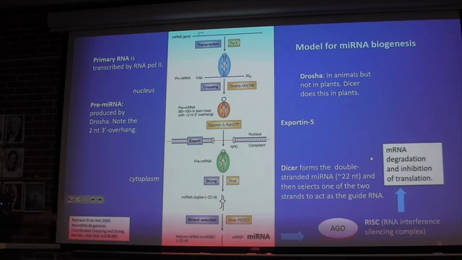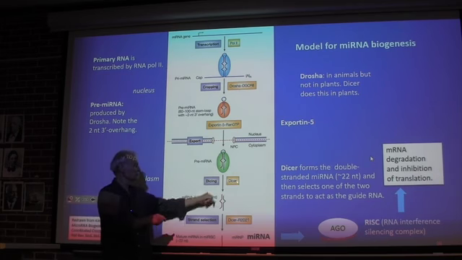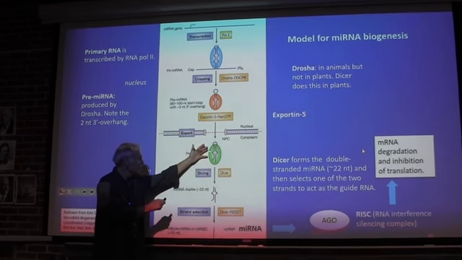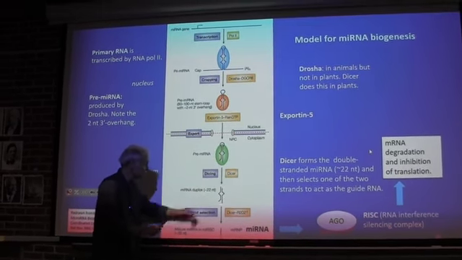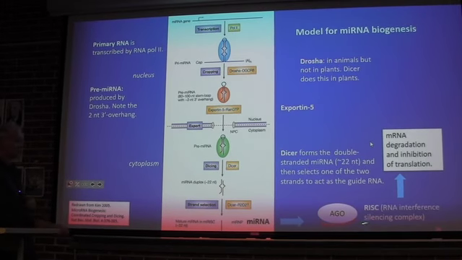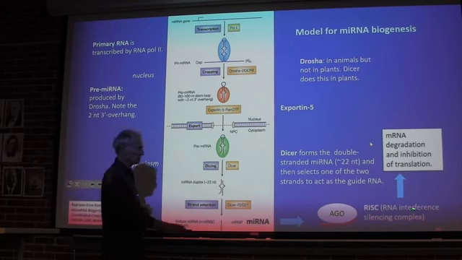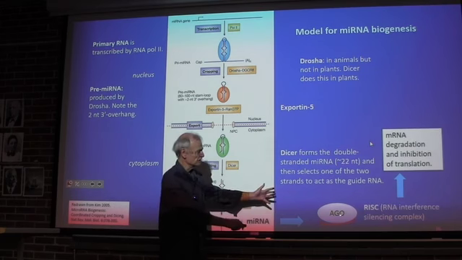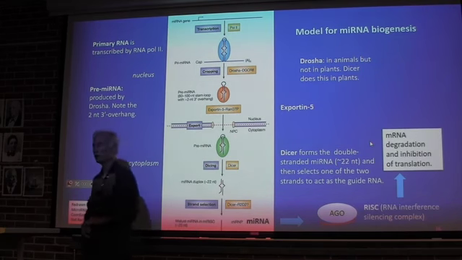DCL does this in plants. It's exported to the cytoplasm, and then you get Dicer. Dicer now cuts it up into smaller parts and eventually delivers it to Argonaute, which takes it to the target RNA for silencing.